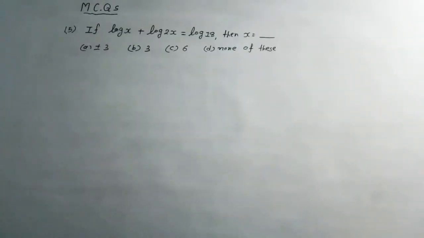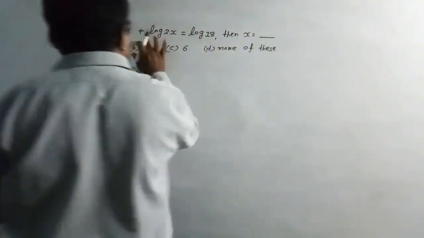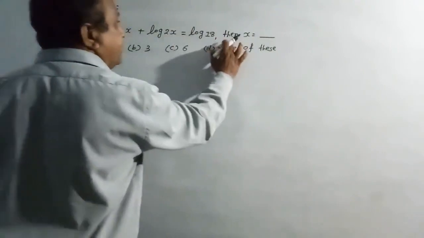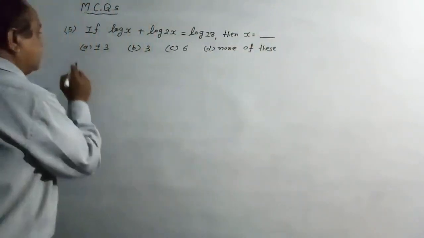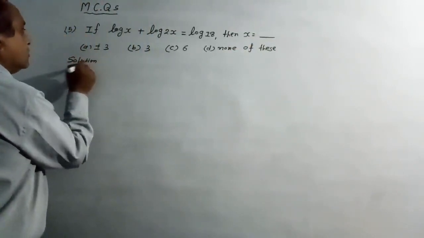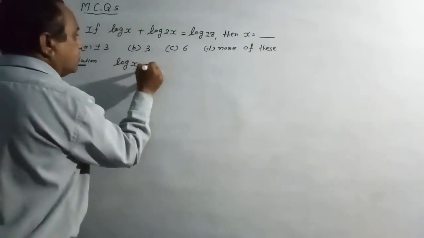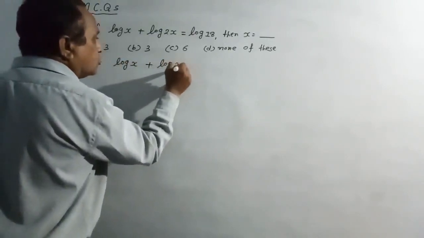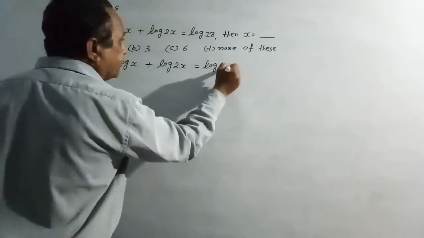Now MCQ number 5. If log x plus log 2x is equal to log 18, then x is equal to blank. Now here are options A, B, C, D. So now the solution: given log x plus log 2x is equal to log 18.